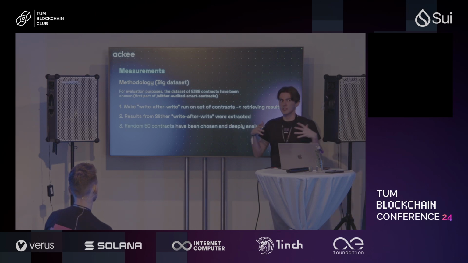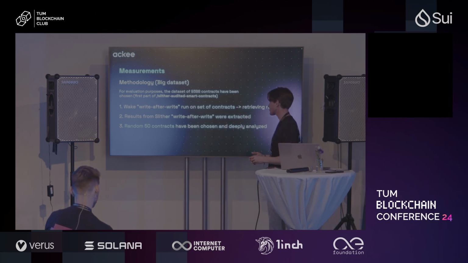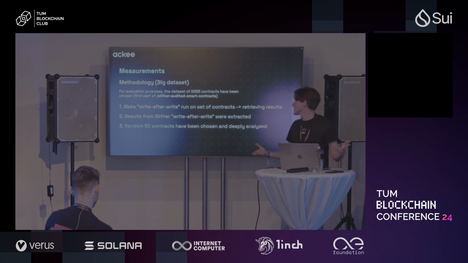Because of not enough time, we didn't analyze all of these 9,388 contracts, because it's infeasible to go through them manually. So we randomly chose 50 contracts for deeper analysis.